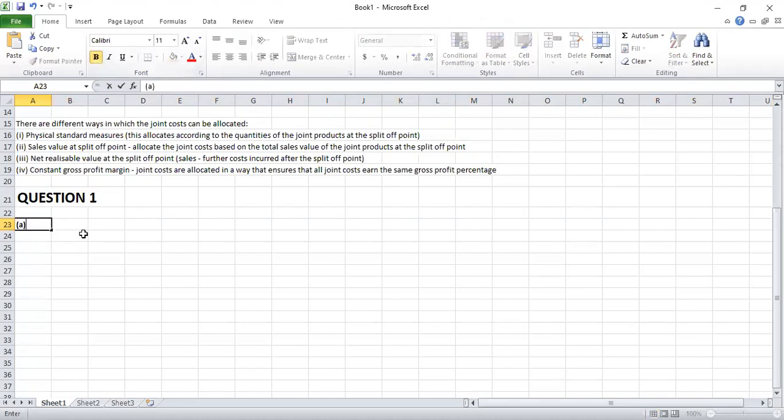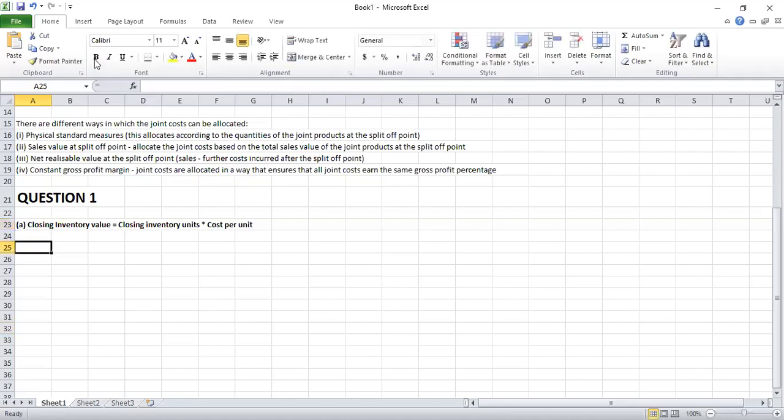So we said that closing inventory value is equal to closing inventory units multiplied by cost per unit. Right.